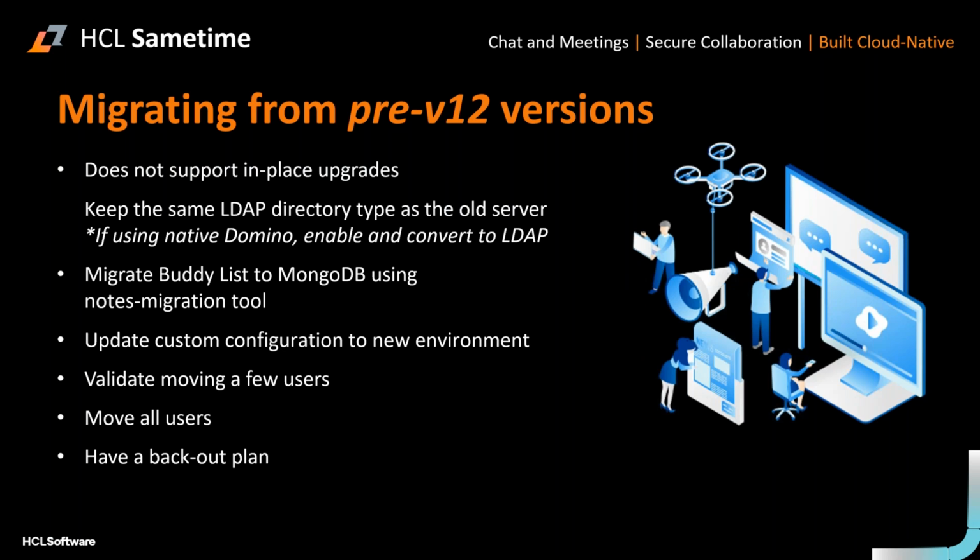And then I always say to have a backout plan. With this model, the backout plan is as simple as switching DNS back. That's one of the benefits of a side-by-side process like this: if something goes horribly wrong or you decide you don't like it, you can go back to the old system because it's still up and available.